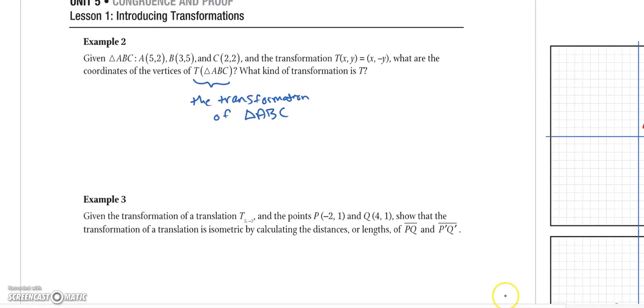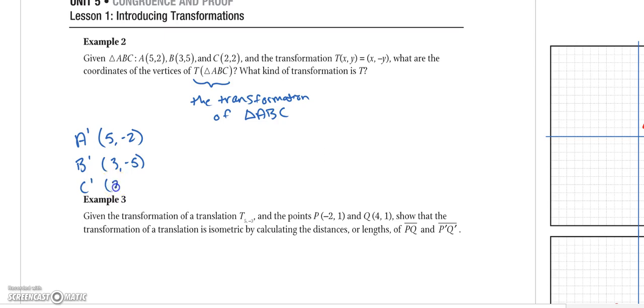Well, let's see. I don't need to really sketch anything, but I know that A prime is going to be, instead of 5, 2, it's going to be 5, negative 2. B prime is going to be 3, negative 5.